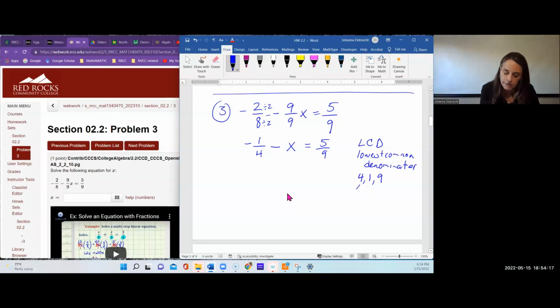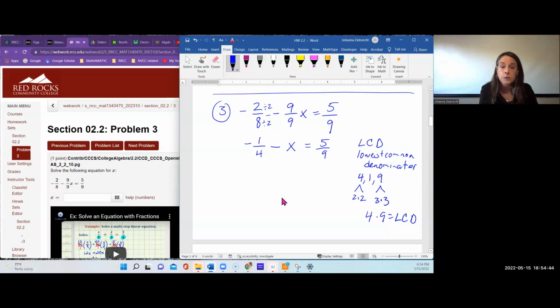You can also write 4, of course, as 2 times 2, and 9 as 3 times 3. If you break it down into primes, they might have some in common. In this case, they don't, in which case we need all of that. We need two 2s and two 3s, or we need 4 times 9, which gives us the lowest common denominator or multiple.